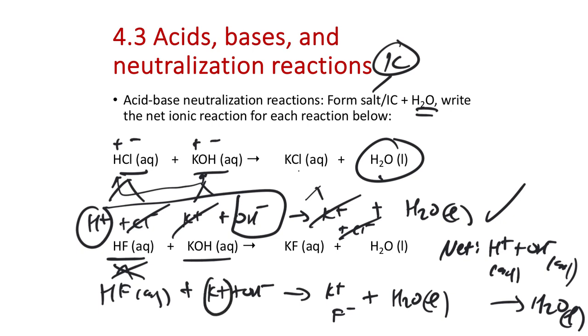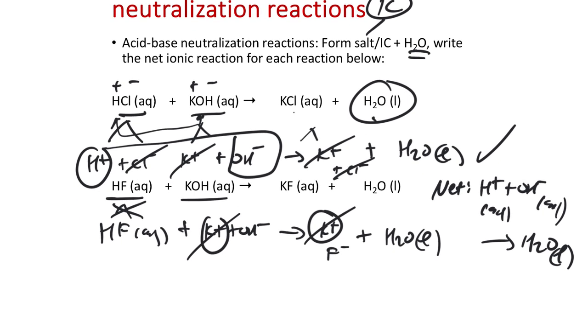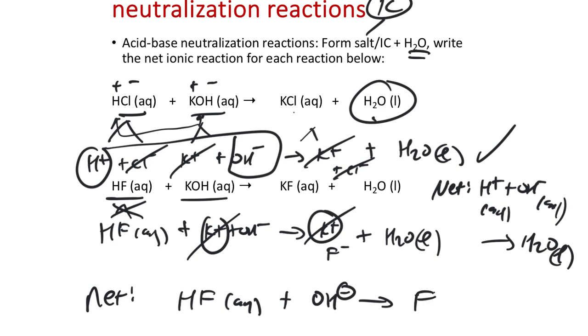And so then we only have one spectator ion in this case, it's just the potassium ion. So my net change for HF, because the weak acid is HF, aqueous plus OH-, goes to F- plus water.